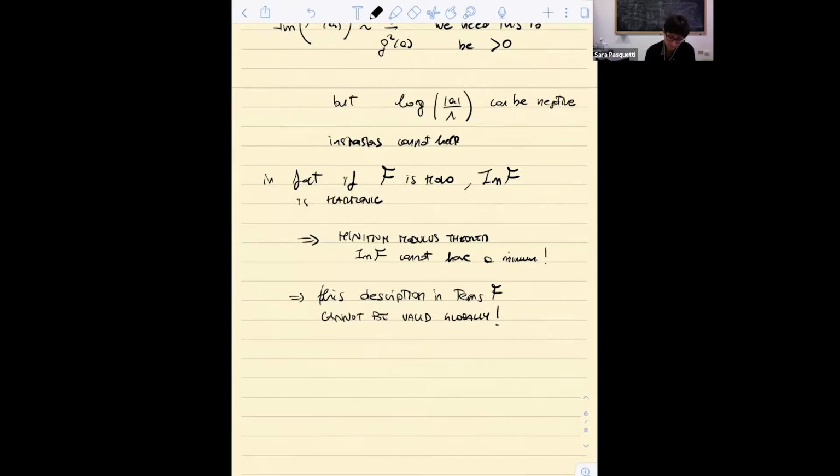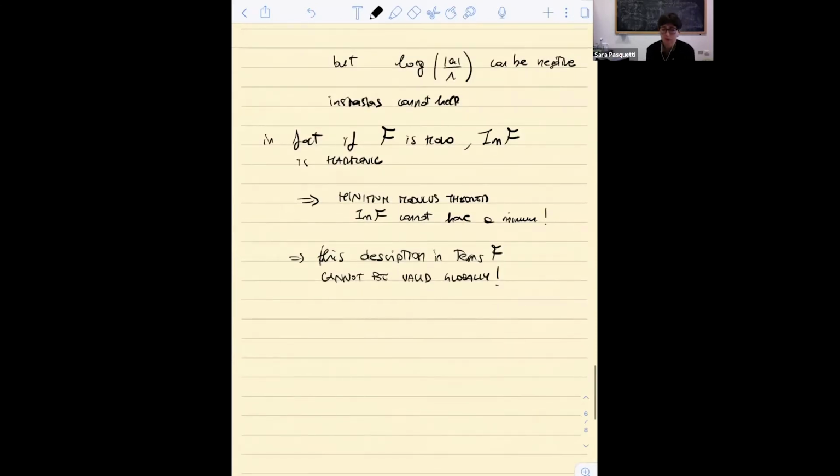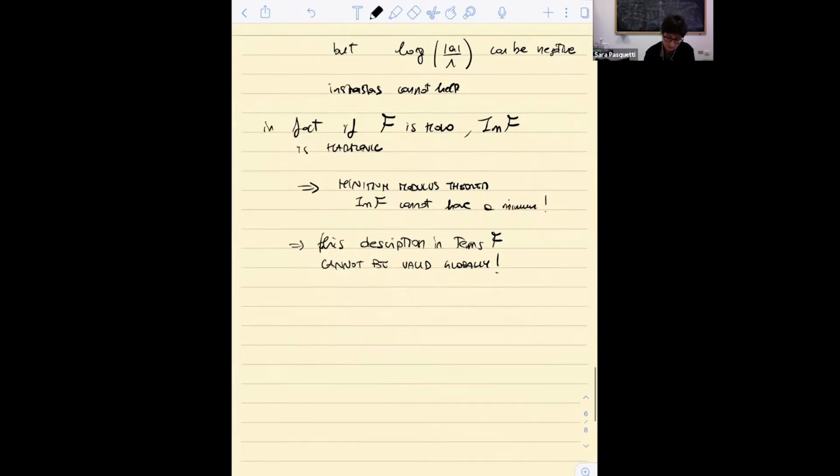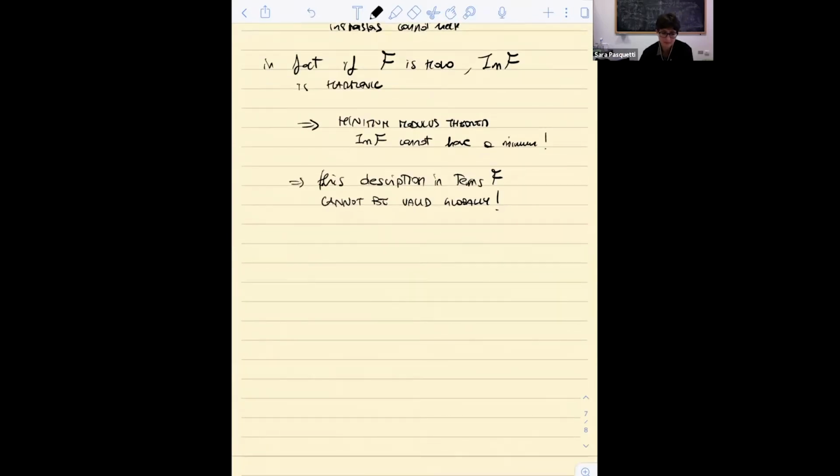Okay, so to understand how to construct alternative descriptions which are valid in different regions of the moduli space, we need to first introduce another property of the effective action, which is the fact that there are equivalent descriptions, because we can perform transformations, the so-called duality transformations, that give us equivalent descriptions.